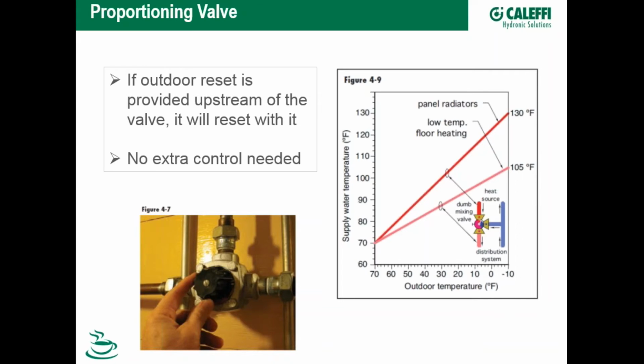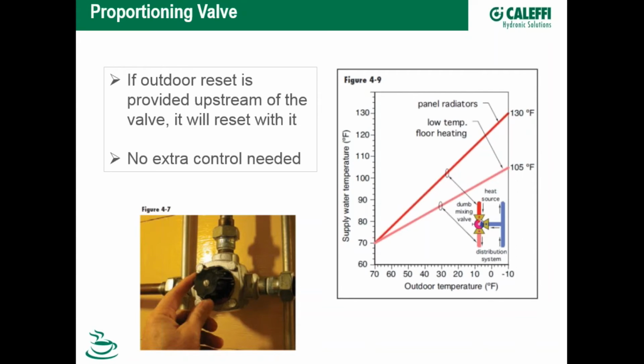Now, what that does for me is because it's now proportionally mixing, let's take a look at the chart 4-9 that's off to the side. If I have something upstream of this proportioning valve, it could be the boiler, it could be a motorized mixing valve, and if it's changing the water temperature based on outdoor reset, since this proportioning valve is proportionally mixing that water, I now have established a secondary outdoor reset curve.